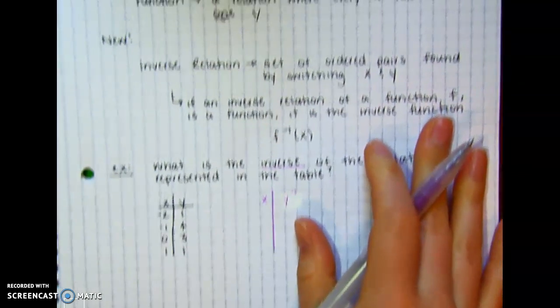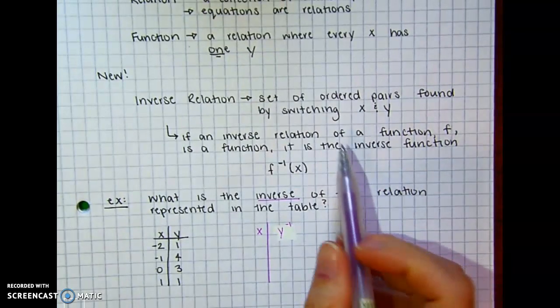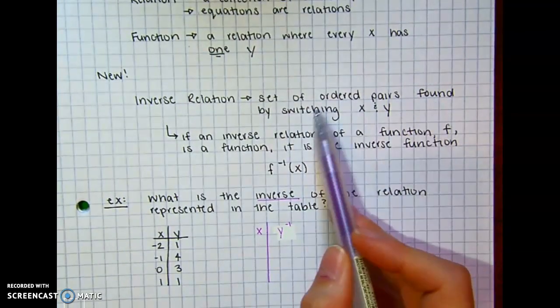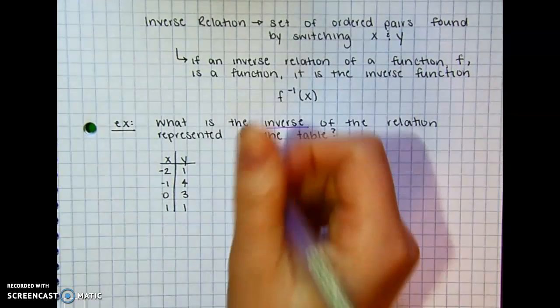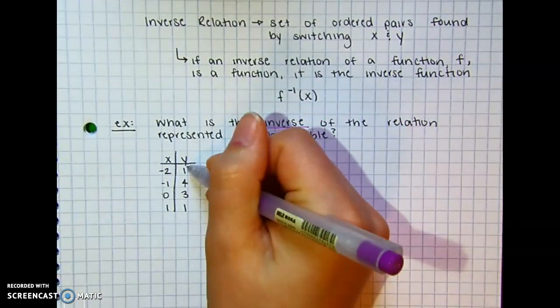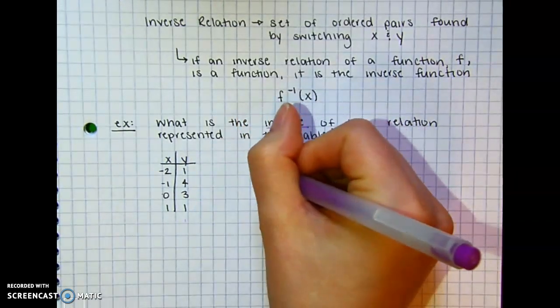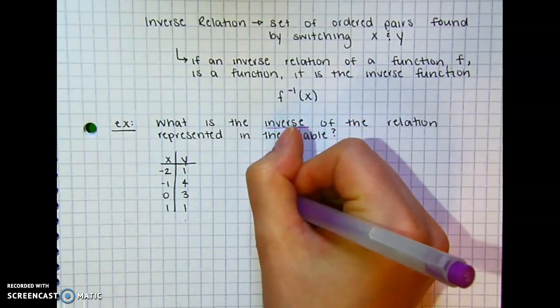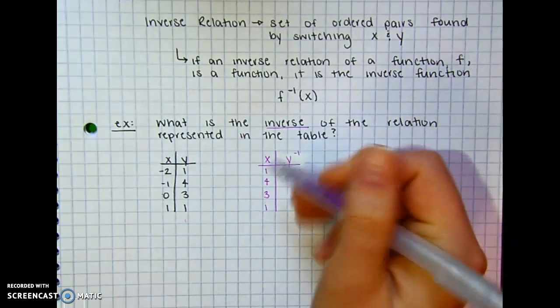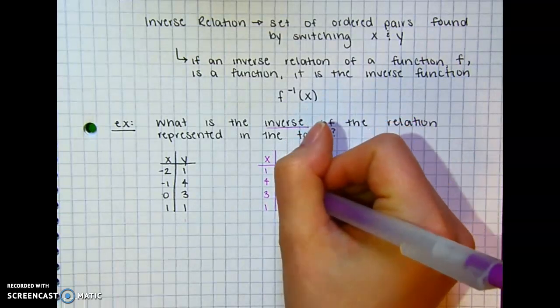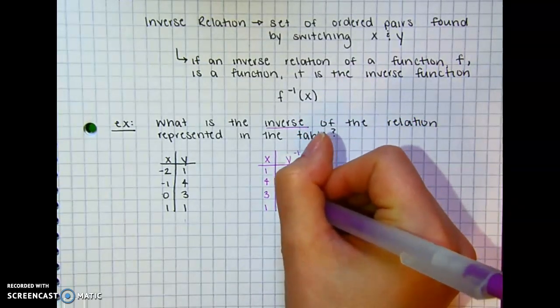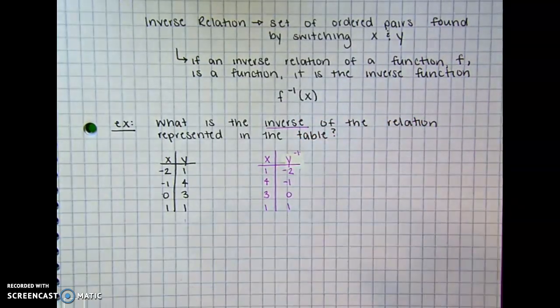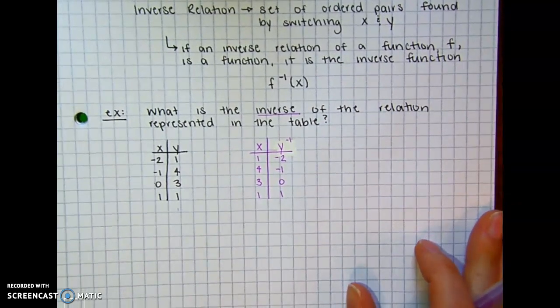If you remember, to get an inverse, it's found by switching x and y. So all my y's are now going to be my x's, so it'll be 1, 4, 3, 1. And this will be negative 2, negative 1, 0, 1. So we're just switching the x's and the y's.